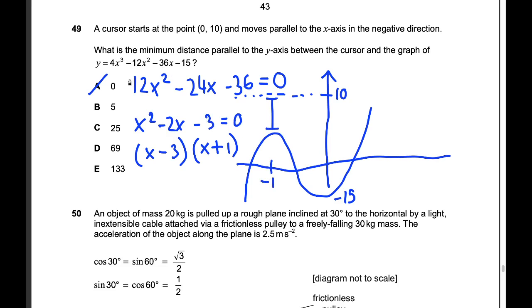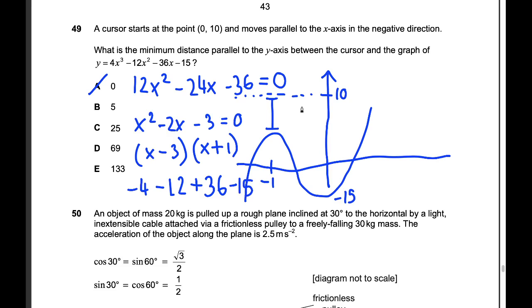This local maximum, if I put minus 1 into this equation, I'm going to get minus 4, minus 12, plus 36, minus 15.